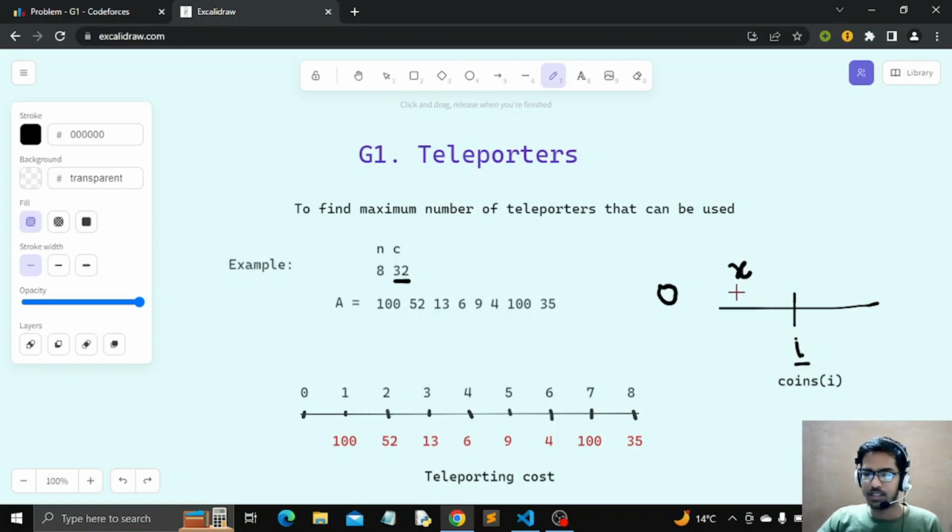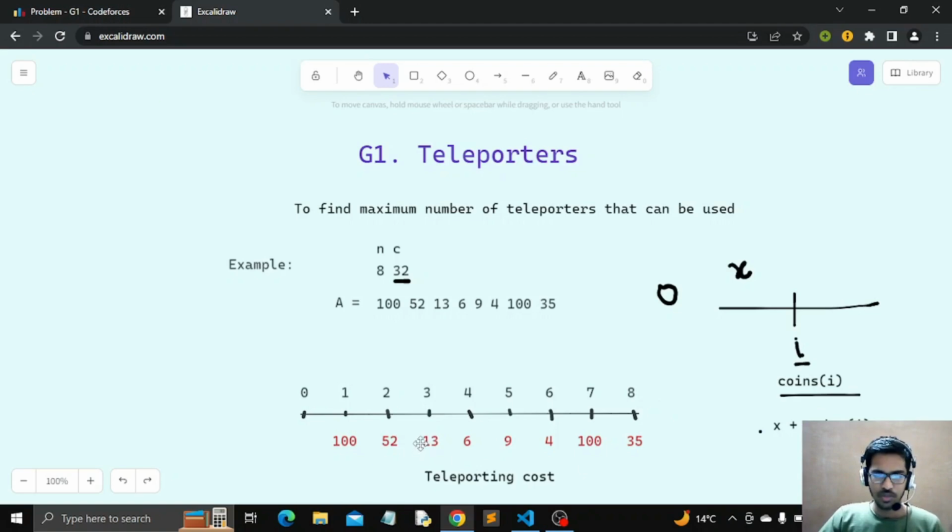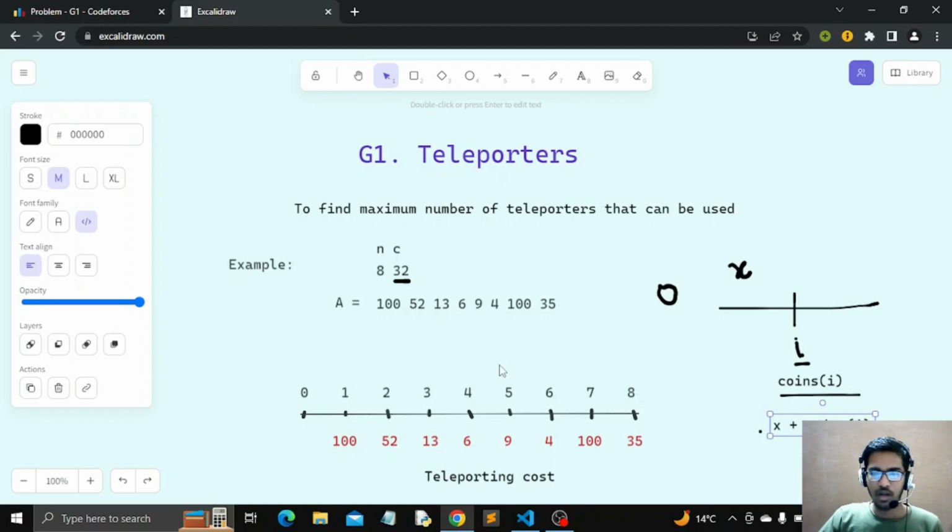Let's say it takes x coins to reach this point, and after reaching, we will use this many coins to teleport back to point 0. The cost of reaching this point plus the cost of teleporting. So all we need to do is, for each point calculate this cost, and after sorting we can calculate the maximum number of teleporters which we can use.